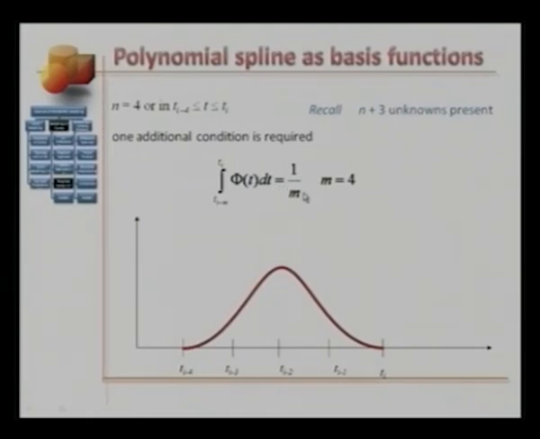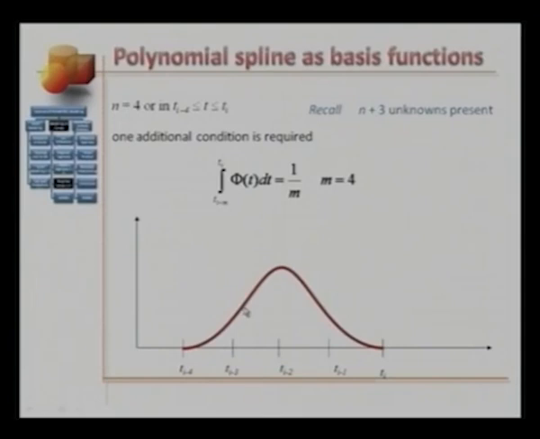Here, m is the order of the curve. Remember, m minus 1 would be the degree of the curve. So in this case, this is a cubic spline for which m equals 4. Now, if I go leftward from Ti, the first knot that I'll have will be Ti minus 4.